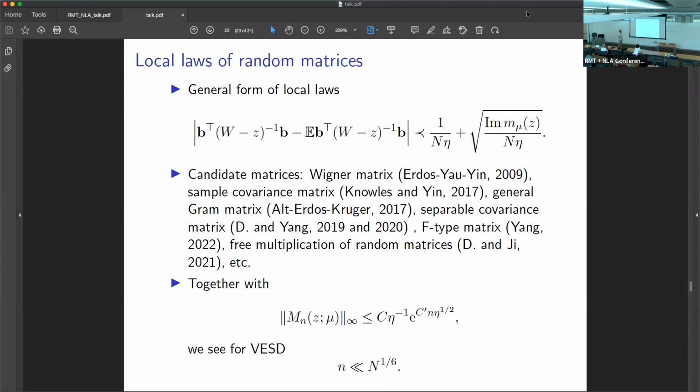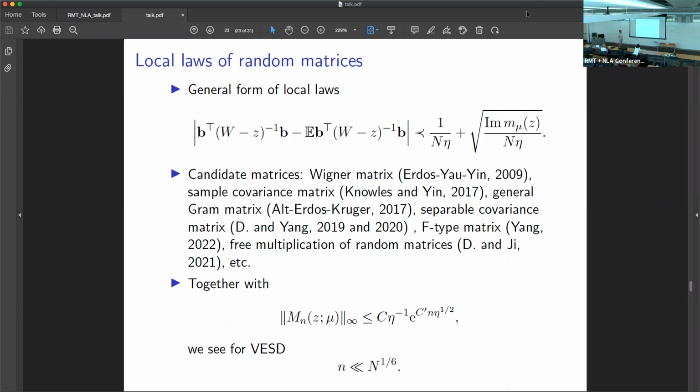For lots of random matrix models, which we call W, the W can be very general, like a Wigner matrix, a sample covariance matrix, free convolutions, and as many as you can. You write down the resolvent for complex value z and take the quadratic form.